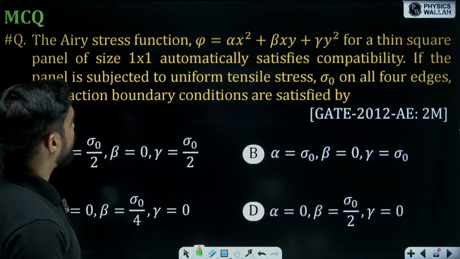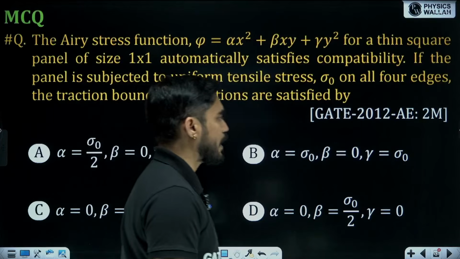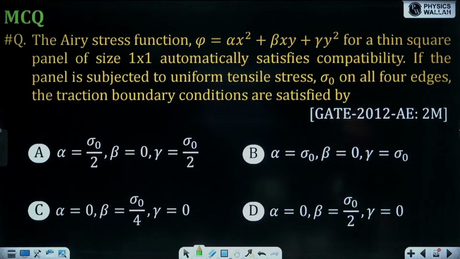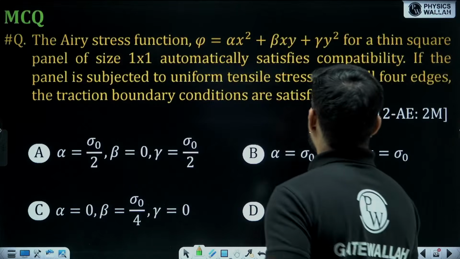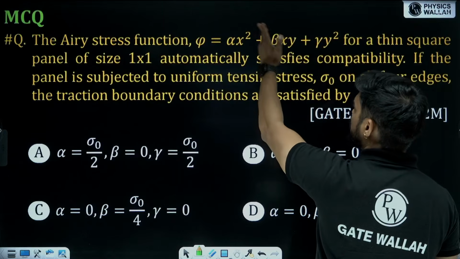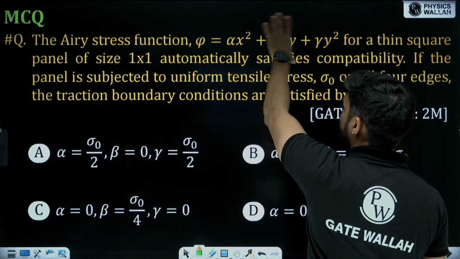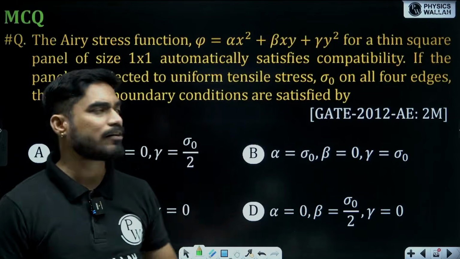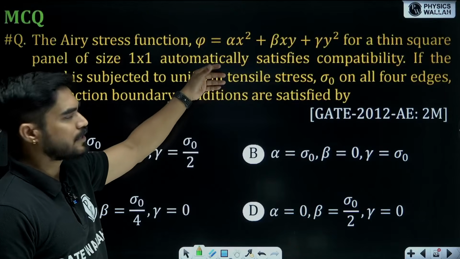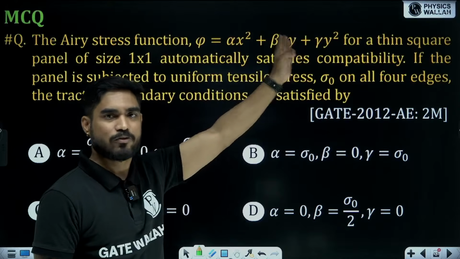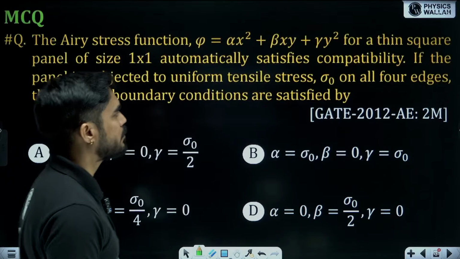The traction boundary conditions are satisfied by. We need to satisfy the boundary conditions. They have written that it automatically satisfies the compatibility equation. You can see x and y have maximum power 2, so it will automatically satisfy the compatibility equation because to the power 4, if you differentiate it 4 times, it will automatically become 0.